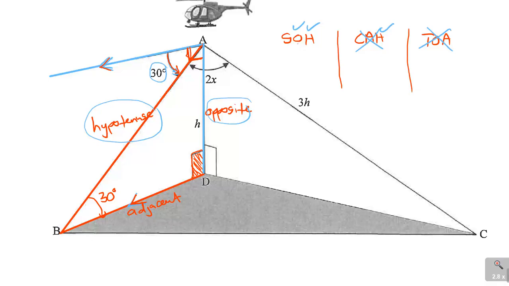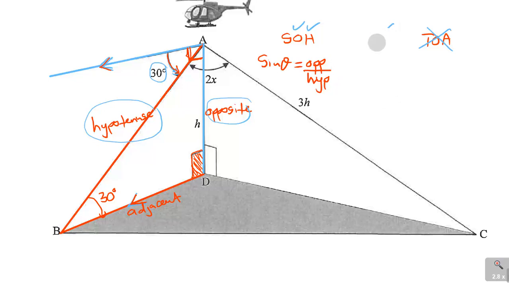So I'm going to use SO, which is sine, in this case, sine theta is equal to opposite over hypotenuse. That's what it means. So now with that, I can now take this off.